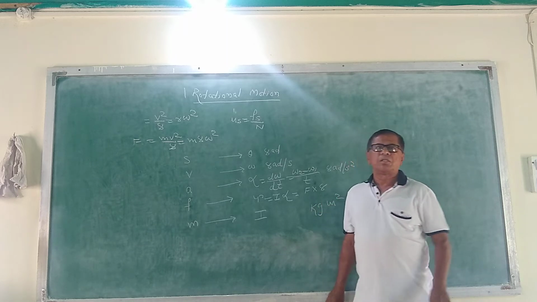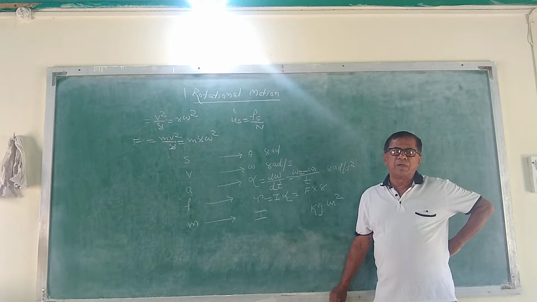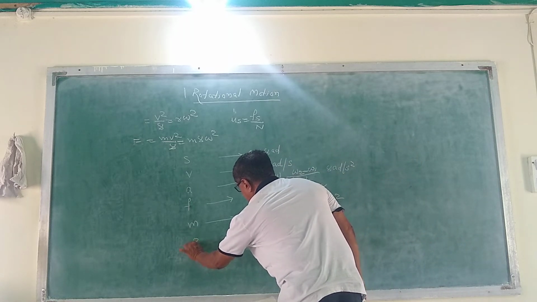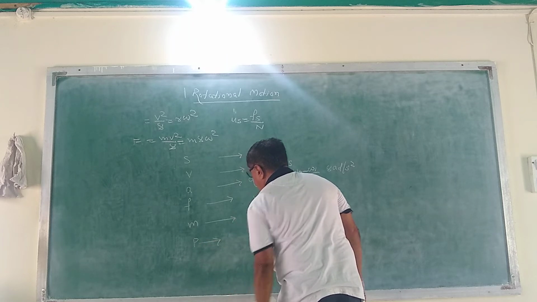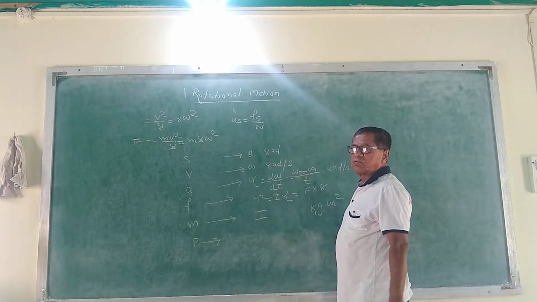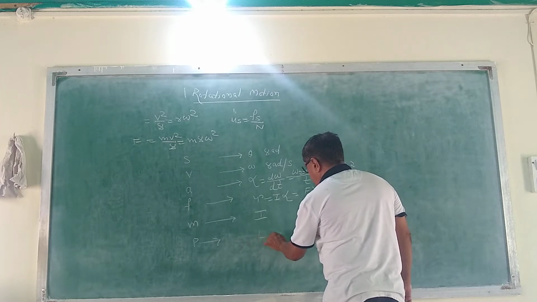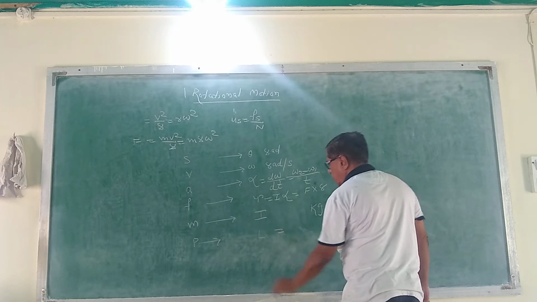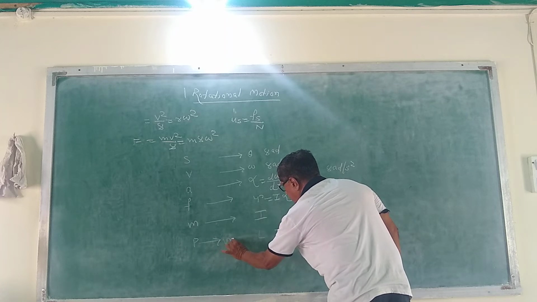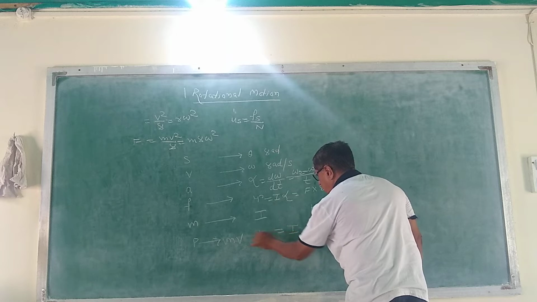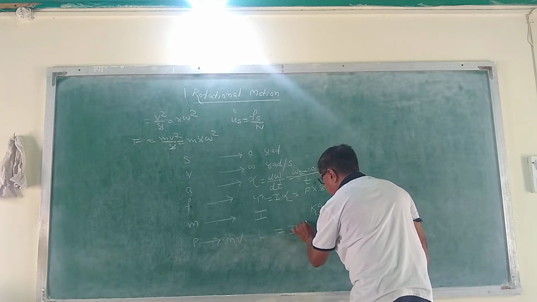After that, we have the linear momentum. The momentum is taken as mass into velocity. In rotational motion, there is the term angular momentum L. Here, instead of mass, we take I, and instead of v, we take omega.